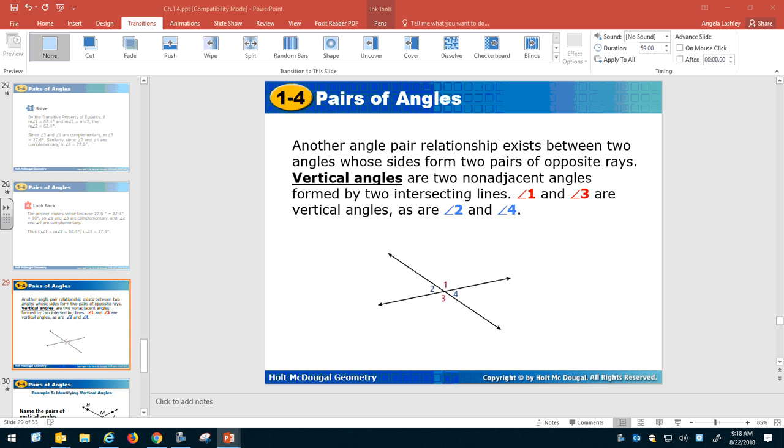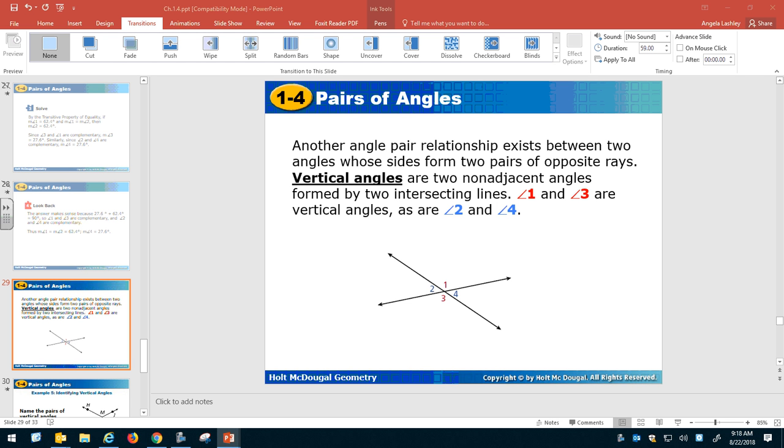So they're not touching in the sense of the word adjacent. They may share a common vertex, but they're not going to share a common side. They are two non-adjacent angles that are formed by two intersecting lines. So when you draw the two intersecting lines, you want the two angles that are not touching. Those are the vertical ones.